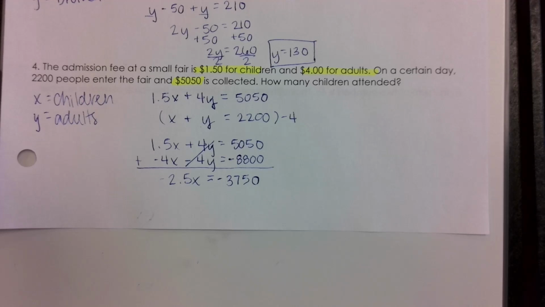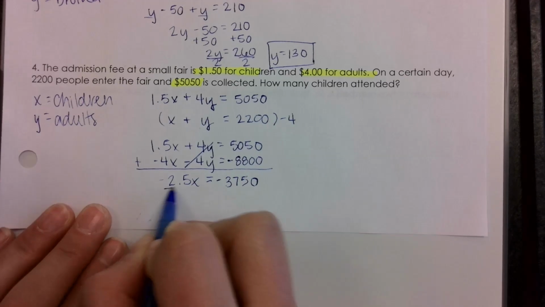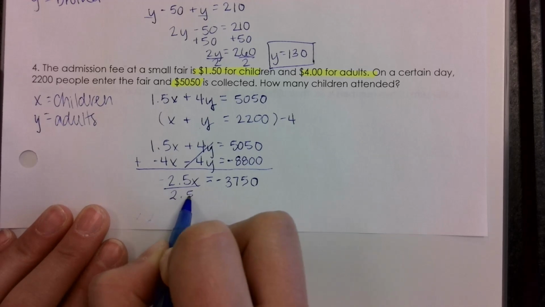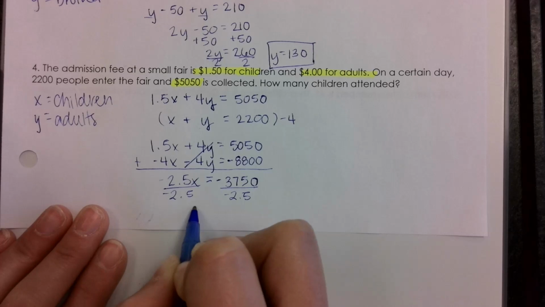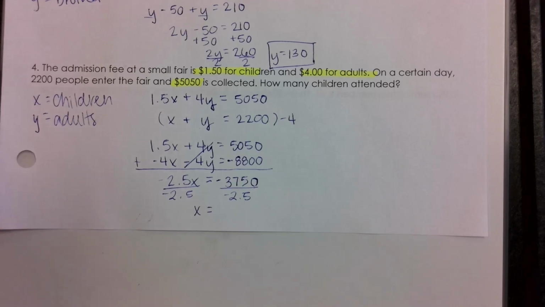And what's our last step? So when you divide by 2.5, what do you get?